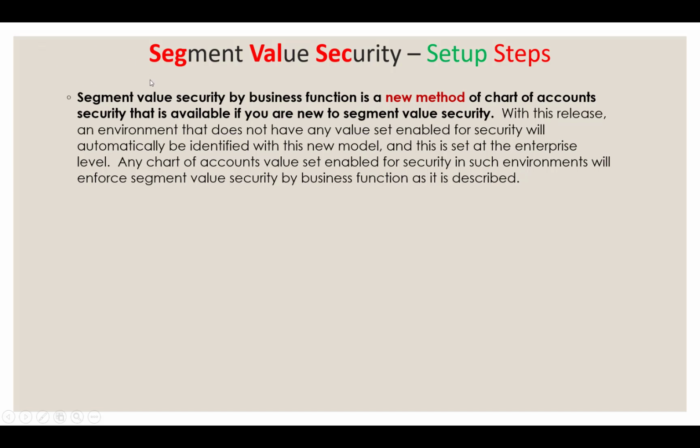It's value set security by business functions. Business function means our modules: FA, AP, AR, intercompany, and subledger accounting method. This is set at the enterprise level. Any chart of account value set enabled for a security rule in such environments will enforce segment value security by business function as described.